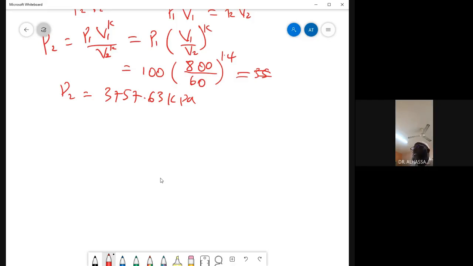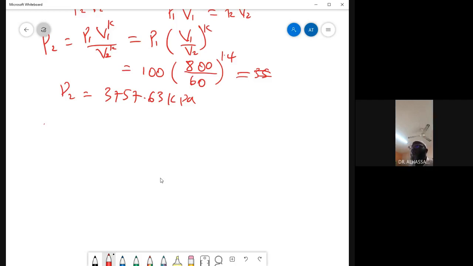T2 can easily be determined from the ideal gas law. The ideal gas law is valid generally for all situations, for all ideal gases, irrespective of the state, either state 1 or state 2.